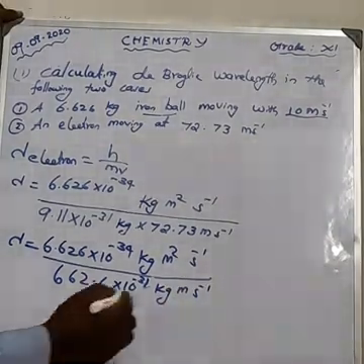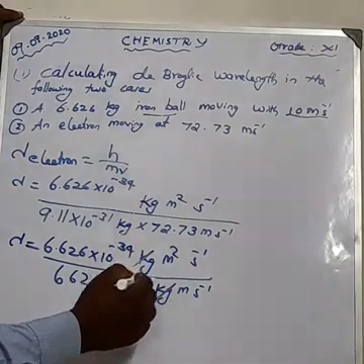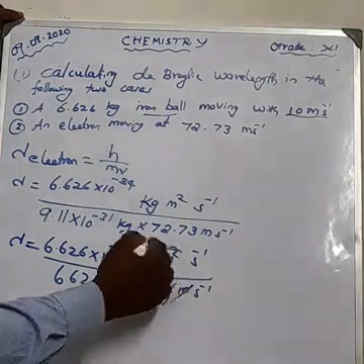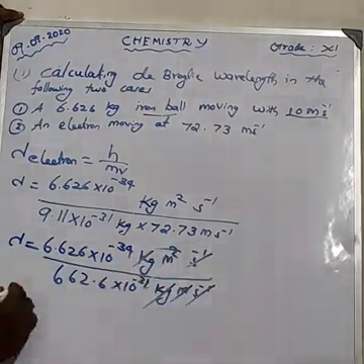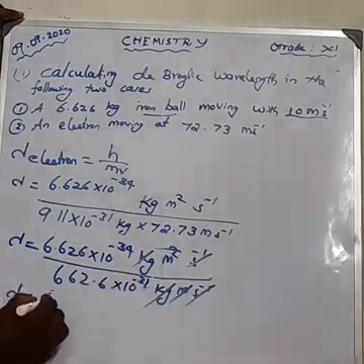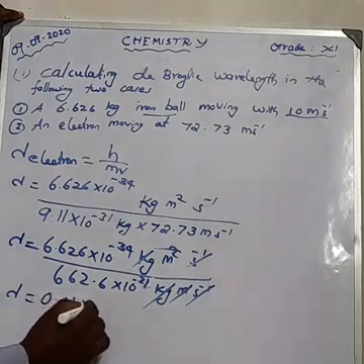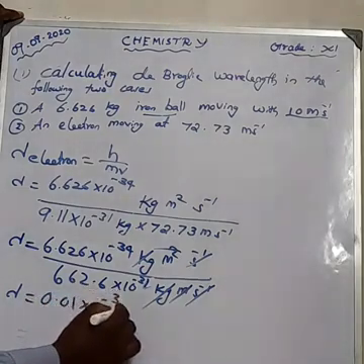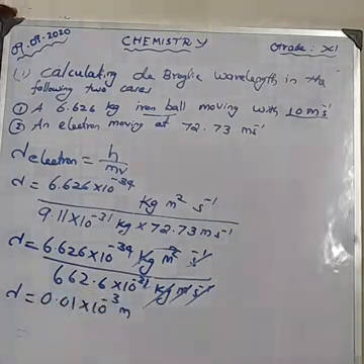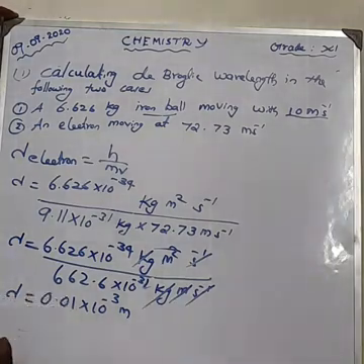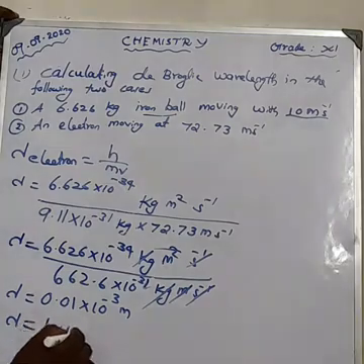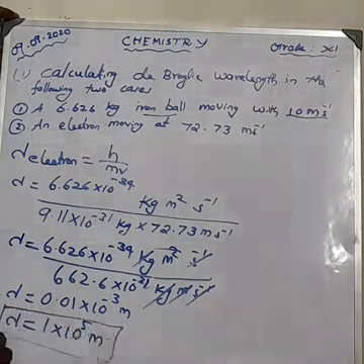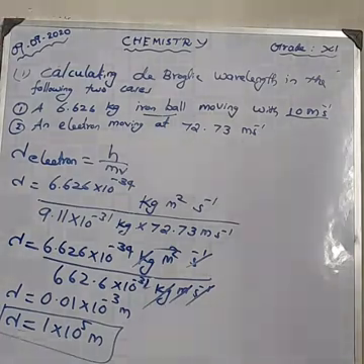Now we cancel kilogram and meter square. So lambda is equal to 0.01 into 10 to the power minus 3 meter. Clear? This can be written as lambda is equal to 1 into 10 raised to 5 meter. This is the answer for the electron. Okay?